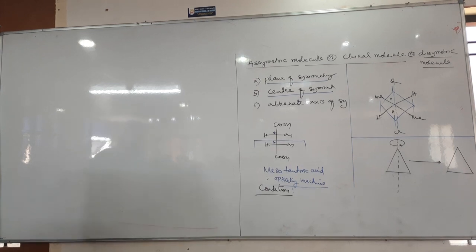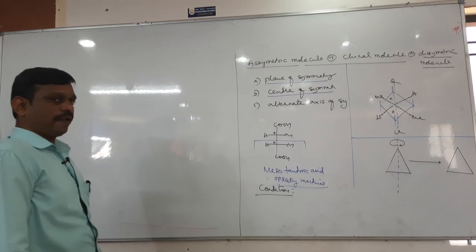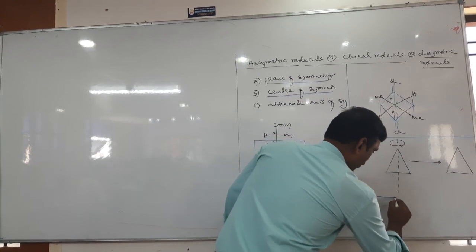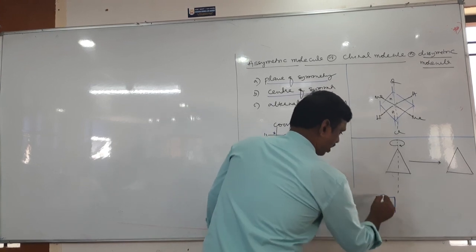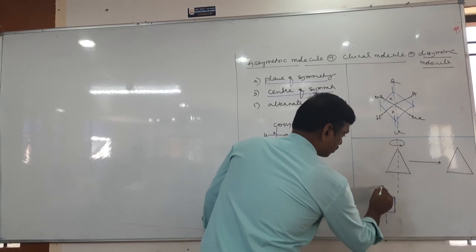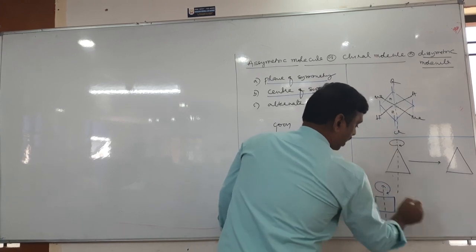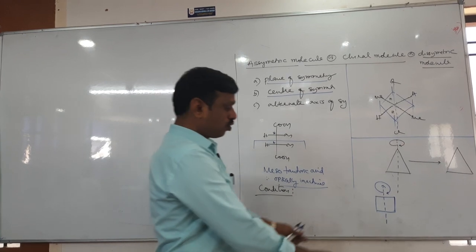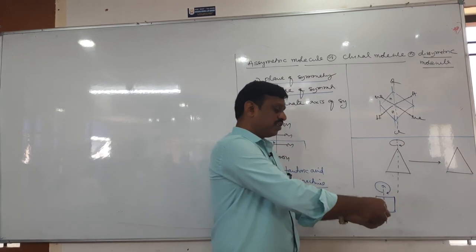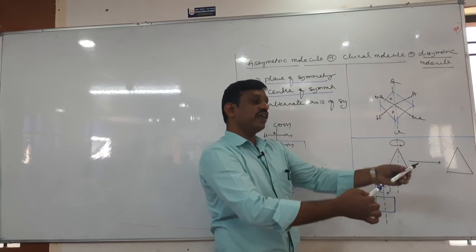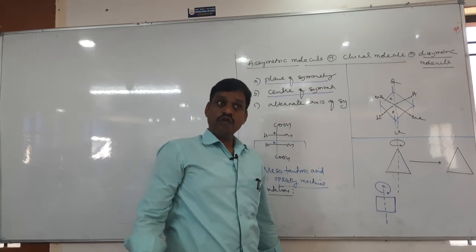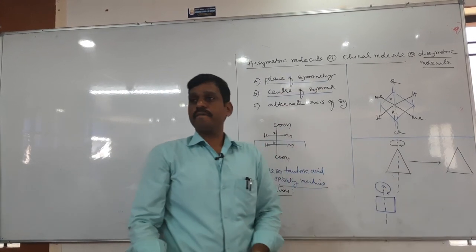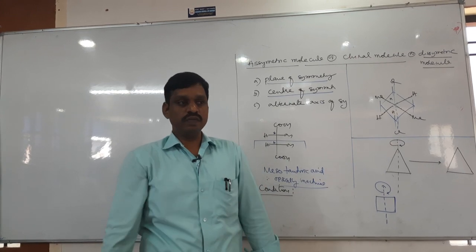Example, cyclobutane. Even cyclobutane, when rotated, you will get identical structures, because for every 90 degrees, it is like a cube, you get an identical structure. If you get an identical structure by rotating the molecule through certain degrees, then it has an alternating axis of symmetry.